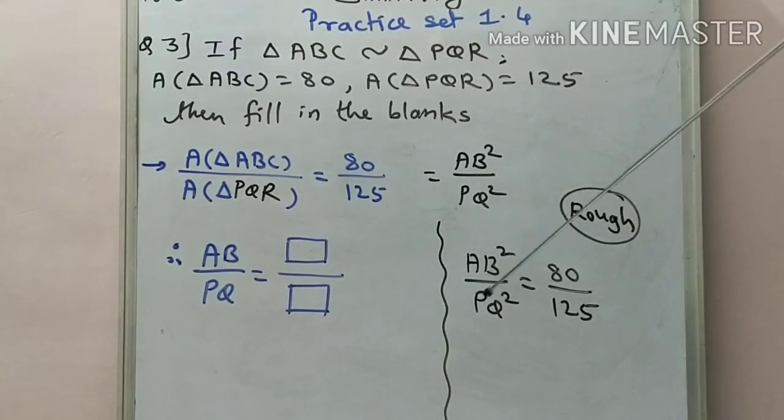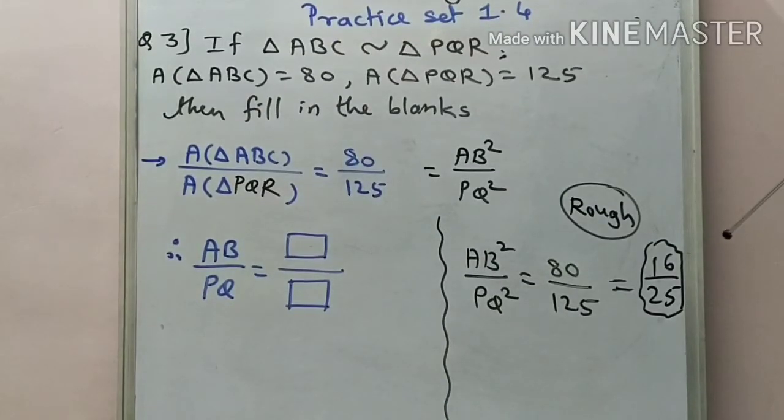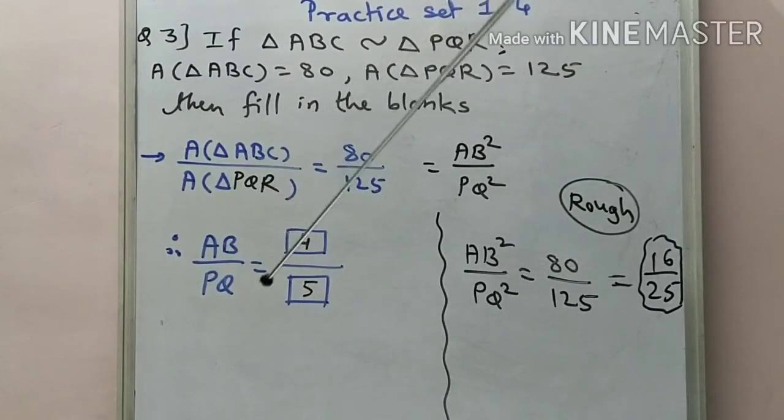So the simplest form of 80 upon 125 is 16 upon 25, dividing both numerator and denominator by 5, and here we get perfect square numbers. The square root of 16 and 25 is 4 upon 5, taking the square root on both sides. So here we get the ratio AB upon PQ equal to 4 upon 5.